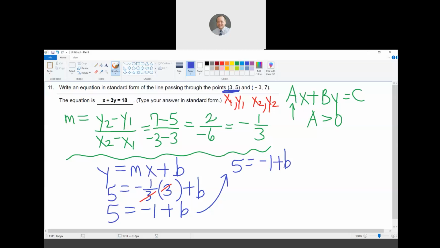Just add 1 to both sides to find the missing y-intercept. So b is equal to positive 6. Now, here's what you do next.